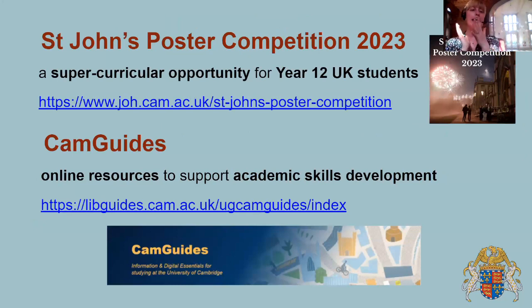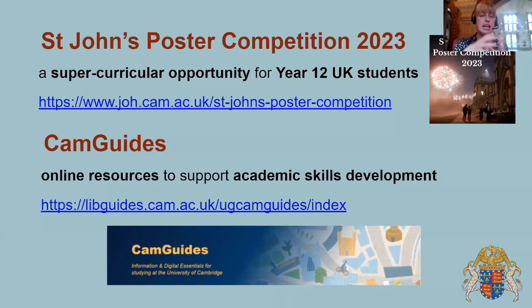So CAM Guides, the University of Cambridge libraries, have put together an online resource. It's completely free to access. It's really useful if you want guidance and support on academic skills and developing those academic skills. So things like note-taking, referencing, citing, time management, I think is one as well, finding academic articles, all of these things that you can use to support your application preparation, whether it's finding articles and resources for your personal statement or your interview.